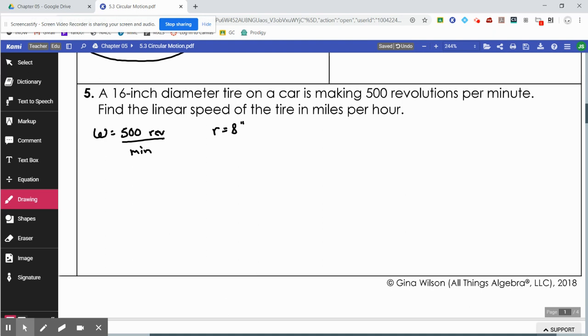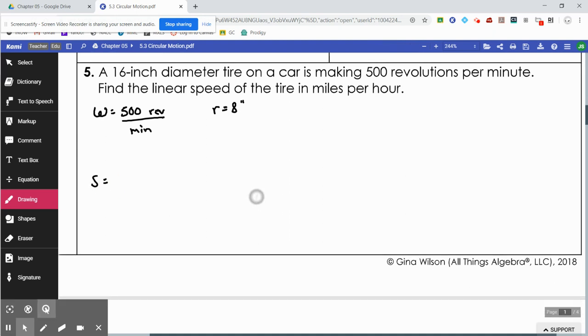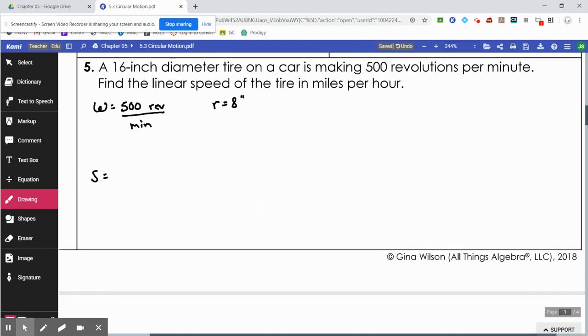So let's take our 8 inches, and if it spins 500 revolutions, well, we know that 1 revolution, let's talk about, again, our arc length. To find 1 revolution or 1 spin, the distance around this, we're going to do 2 times pi times the radius. That is 1 revolution. However, this thing is going to spin 500 times in that 1 minute.